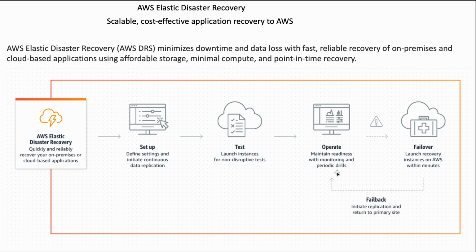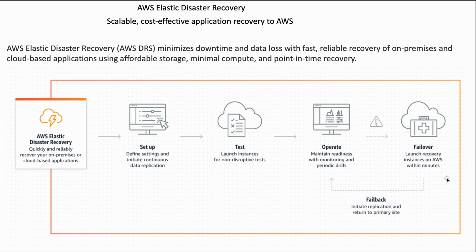Minimum operation is required. We don't have to worry about maintaining this environment, because AWS does the maintenance in the backend. Finally, we can do a failover, launching another instance within a few minutes with the latest point-in-time snapshot. So that's how the whole architectural flow of AWS DRS works.